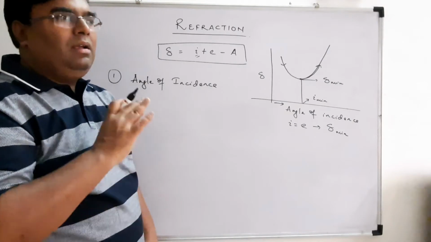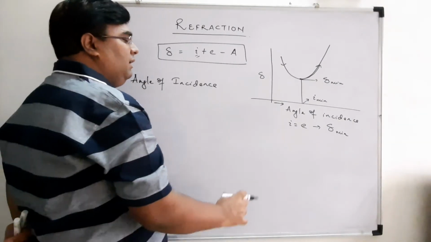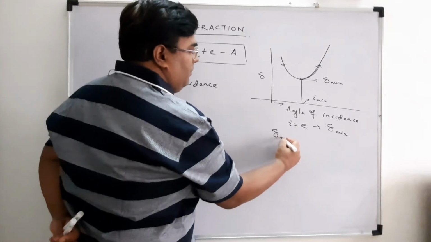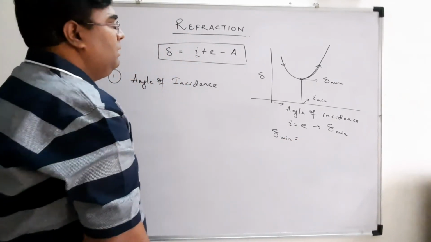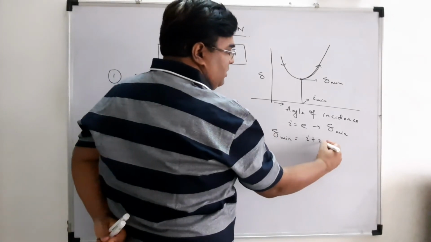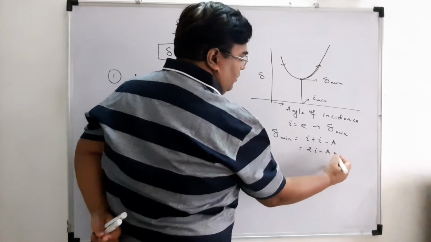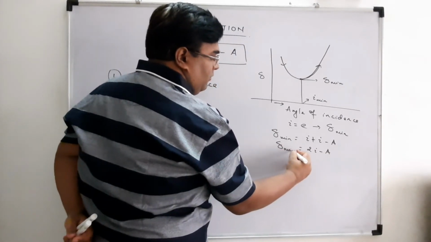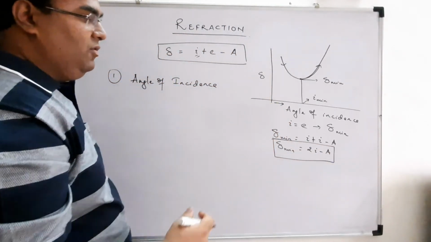This is all by experiment. There is no mathematical proof for this. So if we want to derive a formula for delta minimum, I and E both are equal. Let us say I plus I, so it will be 2I minus A. So we have a formula for minimum deviation.